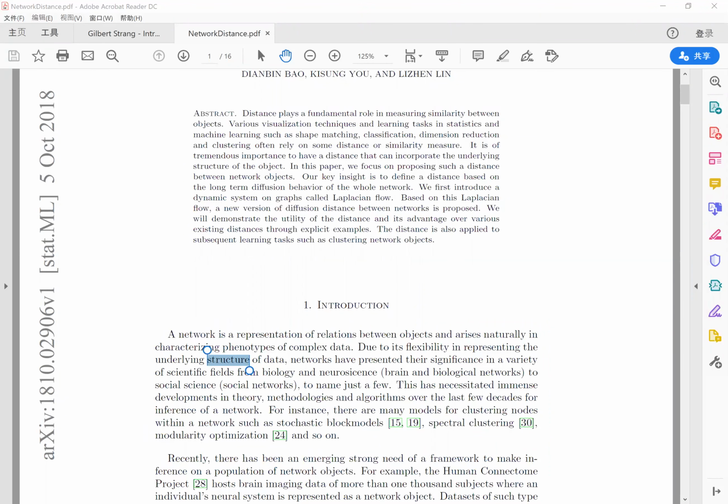A child, 3 or 4 years old, can easily learn the difference between a chair and a table. You tell a child, this is a table, this is a chair, just several times, and then the child can learn what is a table and what is a chair.